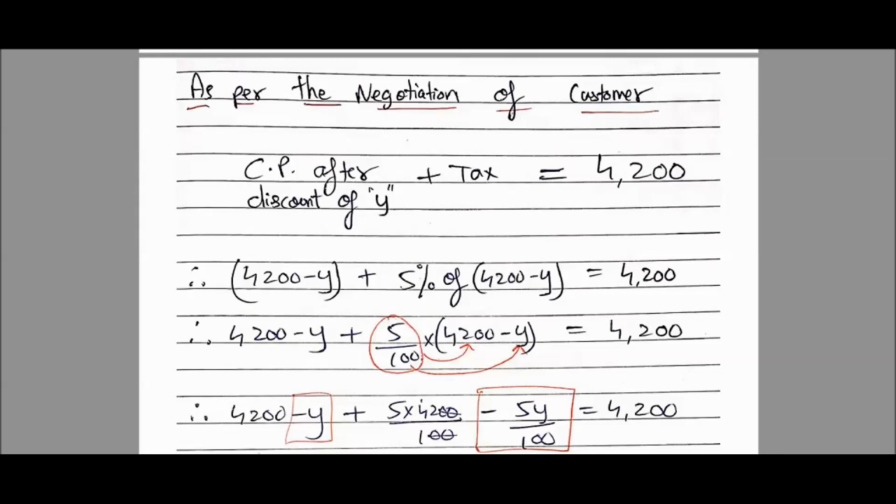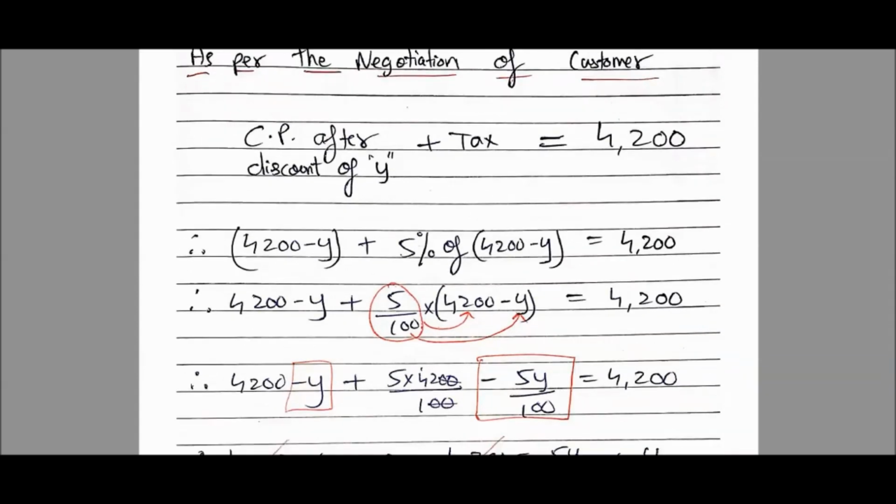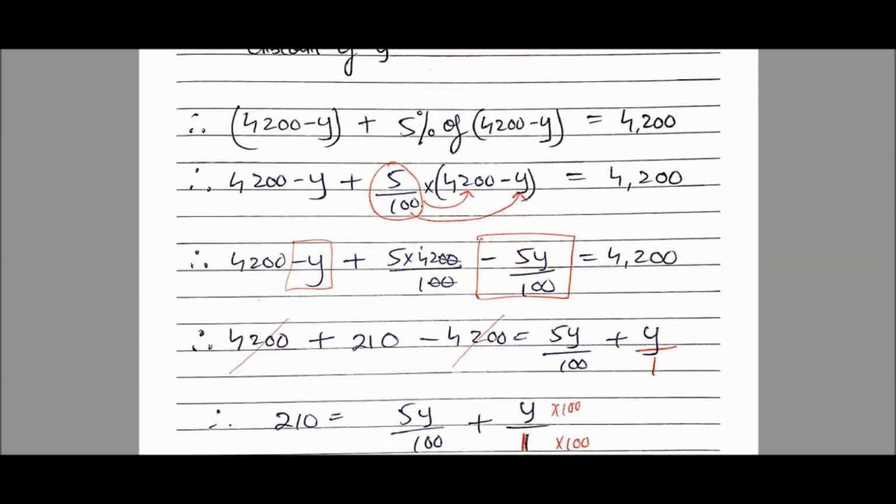Substituting the values, cost price after the discount, that is the discounted price, is 4,200 minus Y, plus 5% of tax on the selling price of shopkeeper, or I will say the discounted price 4,200 minus Y, and this as it is copied. The best way is to multiply this 5 upon 100 inside this. See the arrows. It's just the calculation, students, now left. You can pause the video and you can proceed.